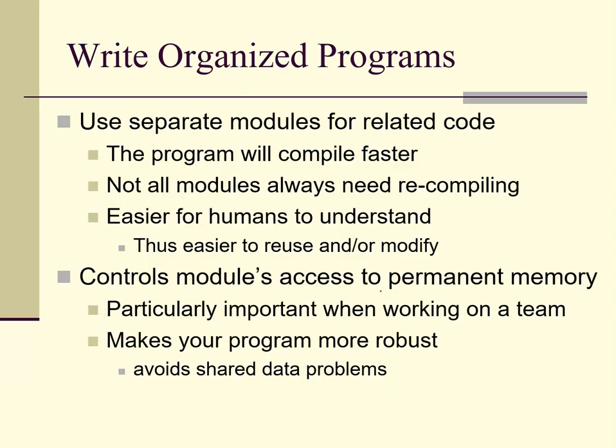I don't know if this is an issue in other languages, but when you're working with C, there is a shared data problem, which means different modules can get at data and change it when you don't think it's changing it. Once again, huge problem when you're working on a team of people. You understand what you're doing and you do it right, but other people have access to your variables if they're global, and you generally don't want that to happen.